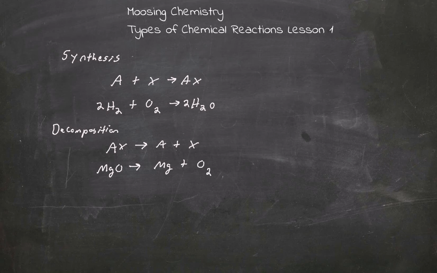And again, you have a compound decomposing into its elements. Now, of course, this is not balanced. We'll have to put a 2 in front of there and a 2 in front of there, and now that equation is balanced.